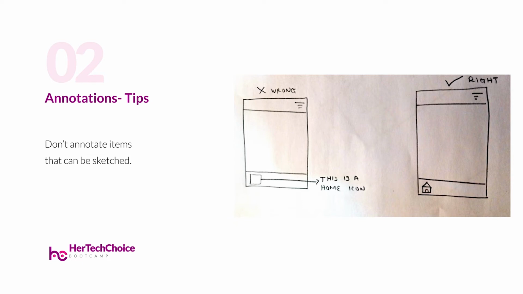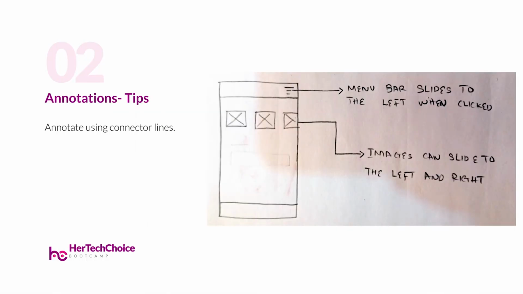For example, the home icon shouldn't be just a rectangle. You should actually sketch out the home icon rather than what we have on the left in this picture, which is just showing that the rectangle is a home icon. You might have multiple rectangles which might actually contradict, and you'll have a lot of annotations which will not be good for your sketches.